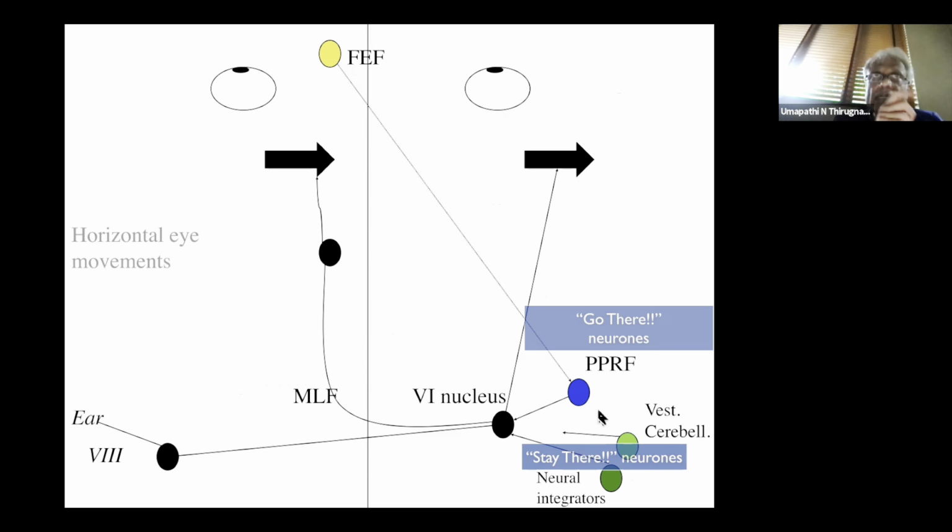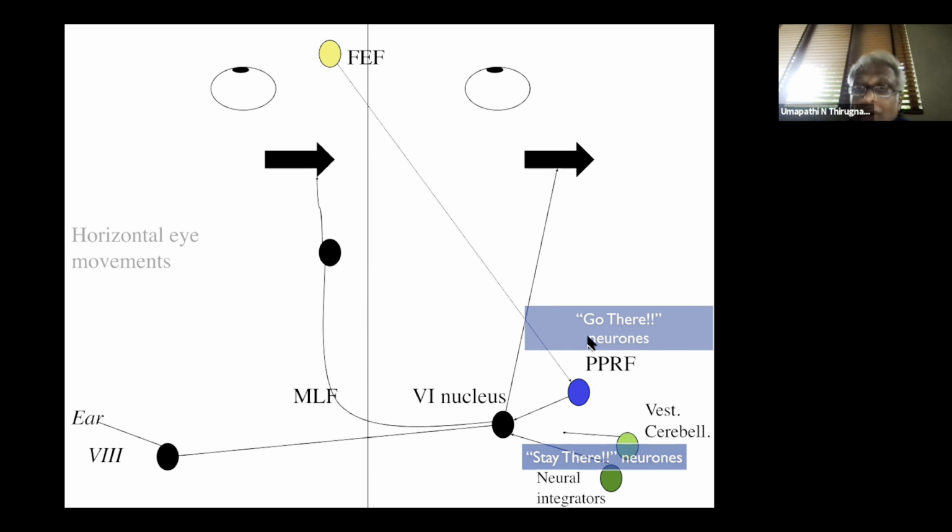But for practical purposes, especially for us clinicians who are practicing doctors rather than scientists who are more interested in the physiology of it, we can simplify the function of this group of neurons as go there neurons. It basically takes the intent from the frontal eye field and converts it into a signal: go there. It takes a whip and says, go there. That kind of signal.